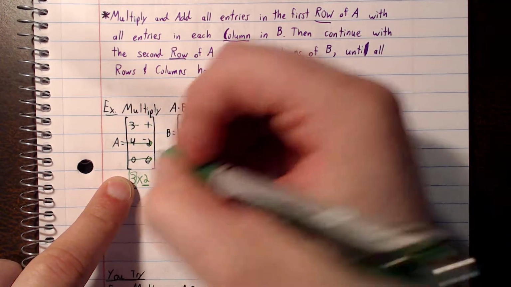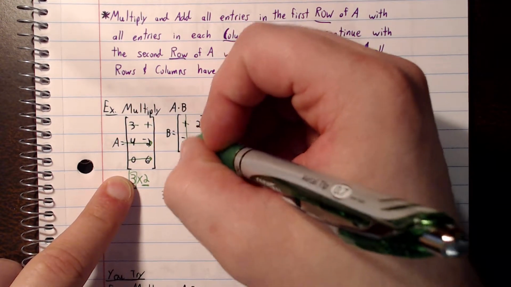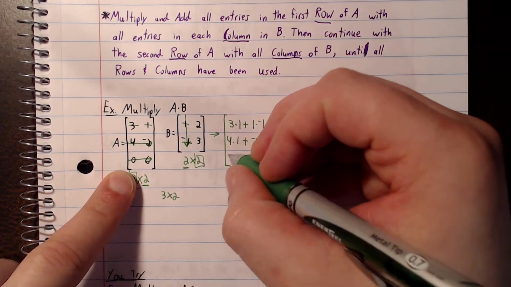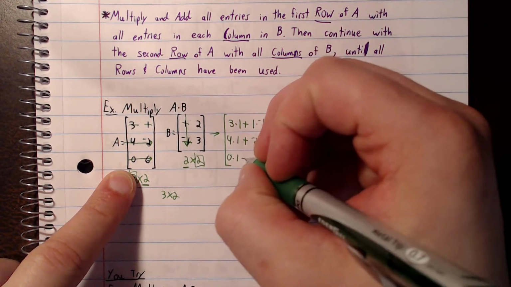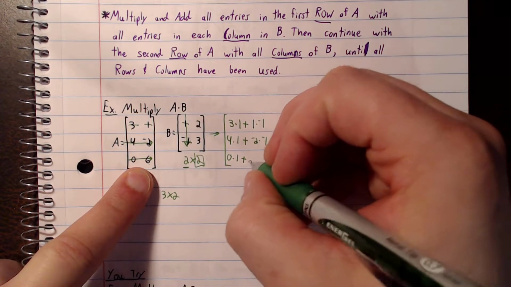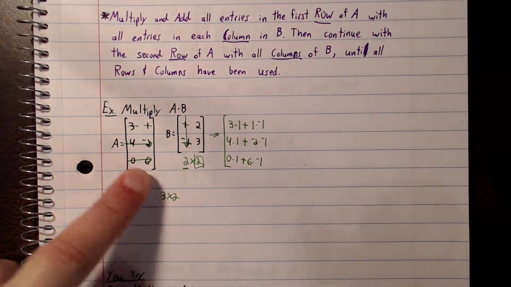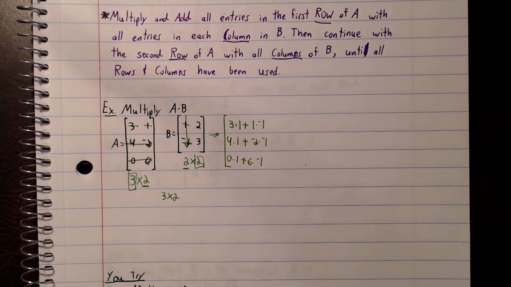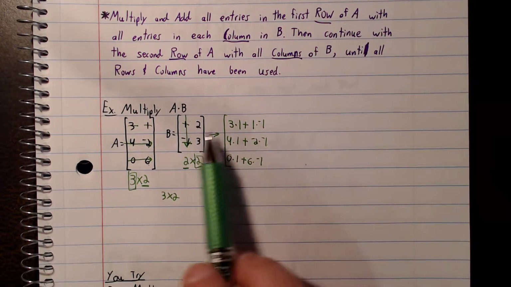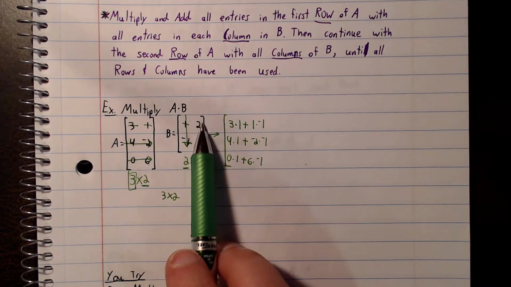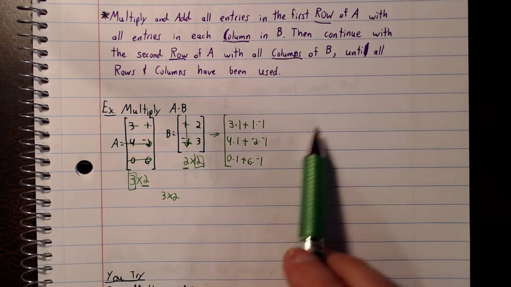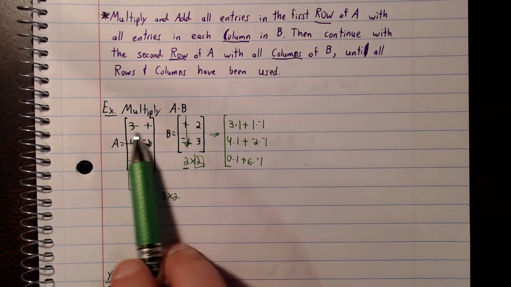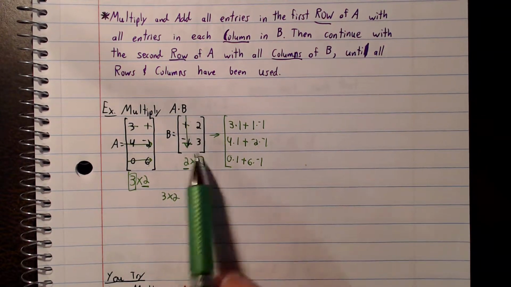And last row, first column again. So this is 0 times 1 plus 6 times -1. So that was first row with the first column. Now if I want first row, second column, I have to do these two terms with these terms.